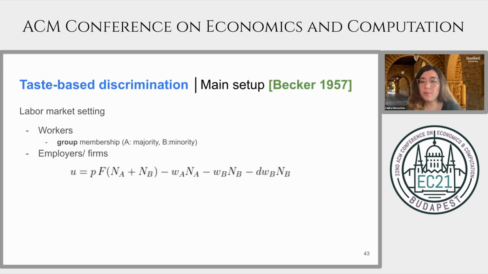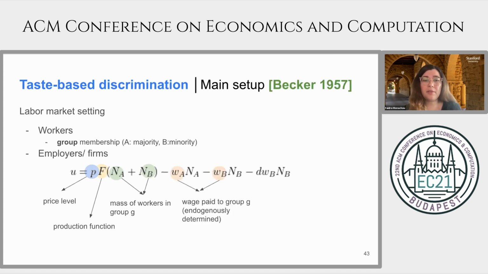The decision of these employers depends on their utility that you see on the slide, which they want to maximize, of course. This utility depends on several factors. We have the price of the product. We also have this function F, which is the production function. It depends on the number of workers from each group that the employer has hired.